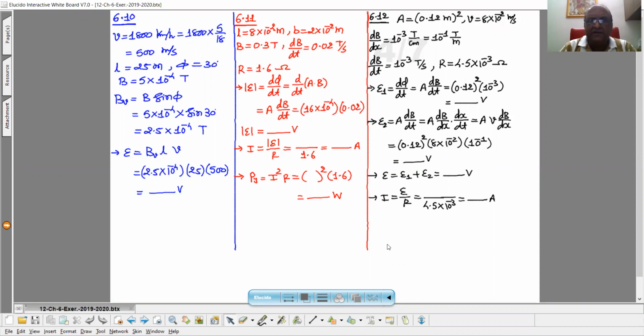Now see here. Suppose these are the wings of the plane, and the plane is moving like this. Here it is given that the plane is traveling towards west, east to west, like this it is moving.